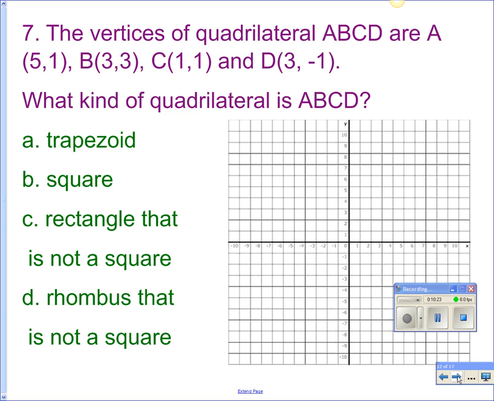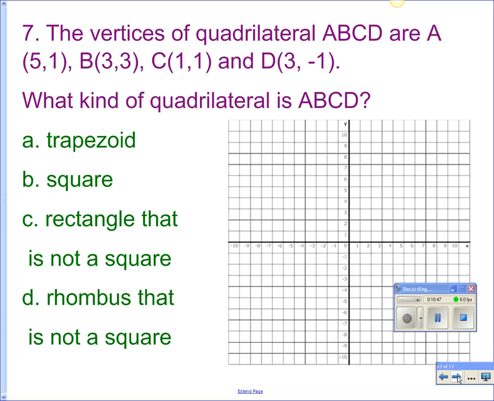All right. The vertices of quadrilateral ABCD are the following. What kind of quadrilateral is ABCD? What does it mean by quadrilateral? A square is a quadrilateral, but a quadrilateral doesn't necessarily mean a square. Yeah, it's got to have 4 sides, okay?